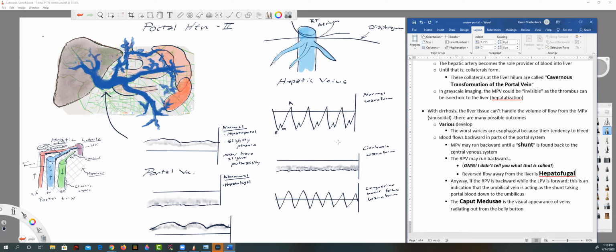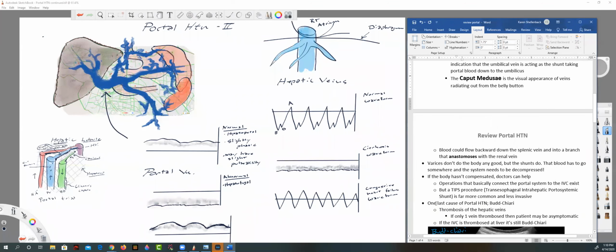So we would have hepatopetal forward flow in the main portal vein, forward flow in the left portal vein, but reversed in the right. That's because virtually all the blood is actually being shunted away from the liver through the umbilical vein all the way down to the belly button. The caput medusae is a visual appearance of veins radiating out from the belly button. I already mentioned that.